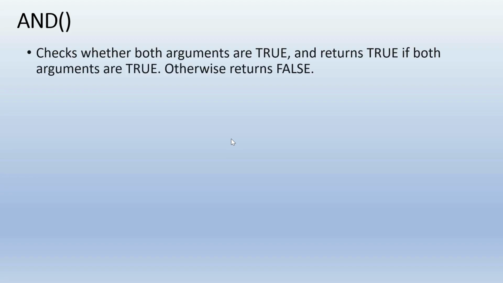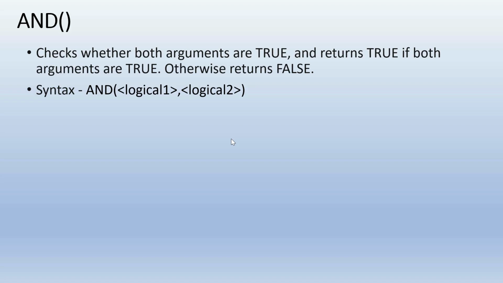It checks whether both arguments are true and returns true if both arguments are true. Otherwise, it returns false. So basically, this is what the AND operator performs, but the AND function does it for two parameters or two arguments. If both arguments result in true, then the result of this AND function is true, else it returns false.